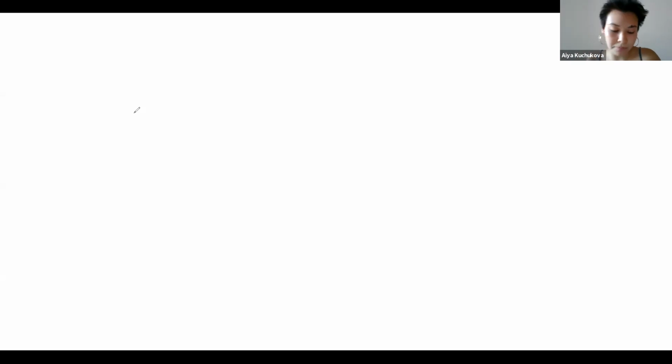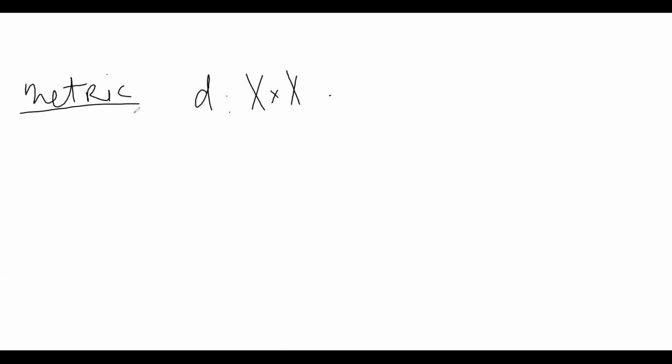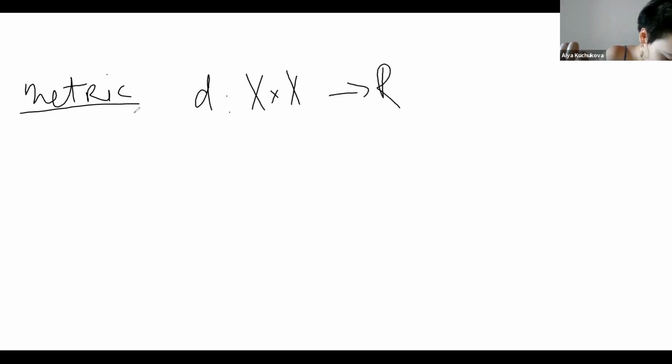So say, for example, I take a metric and define it like this. A metric is a function, we call it d, from X cross X to R, and X is just a set on which we define the metric.